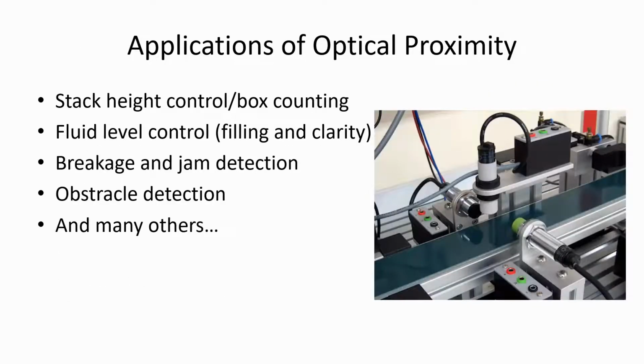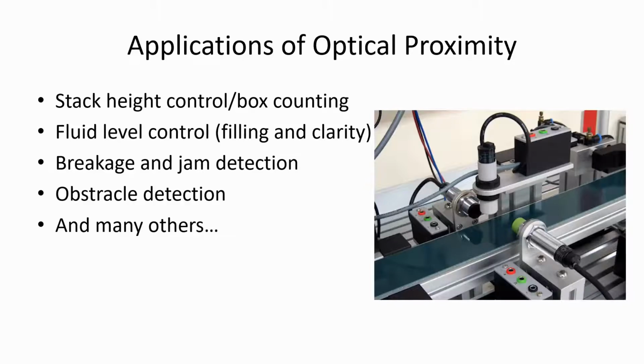So next we'll see the applications of optical proximity sensors. They are used in counting applications like box counting or bottle counting. In case of a bottle filling process, it can count the number of bottles or number of boxes.